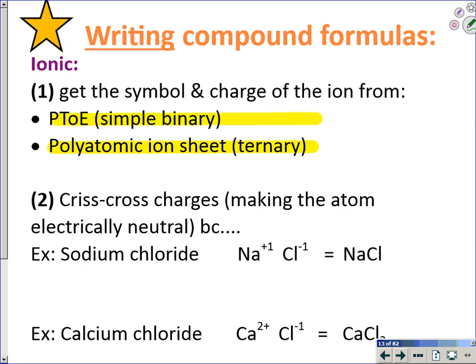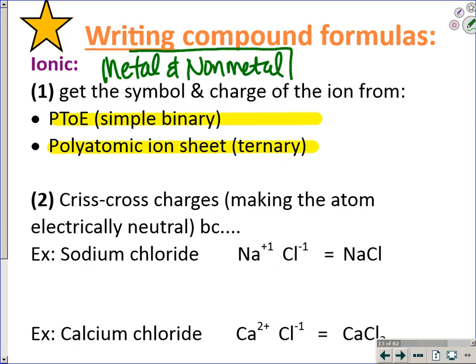Okay, so we're going to start with ionic. So we write an ionic formula. Before you start writing, what two things come together to make an ionic compound? Either a metal and a nonmetal. That is one way to say it.